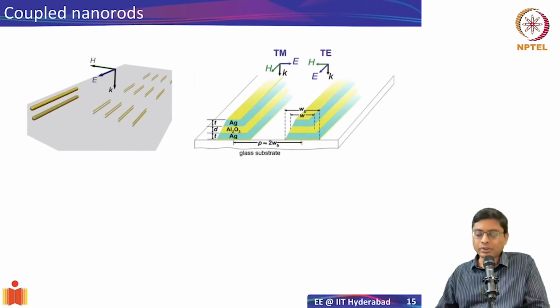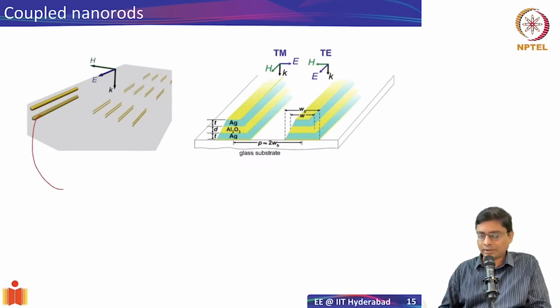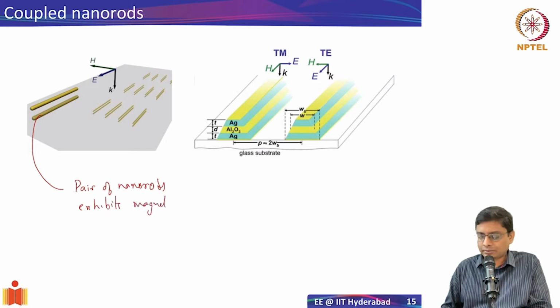Think about how to achieve the magnetic response. There was a theoretical proposal, I think in the late 90s or early 2000s, wherein a pair of nanorods exhibits magnetic response.